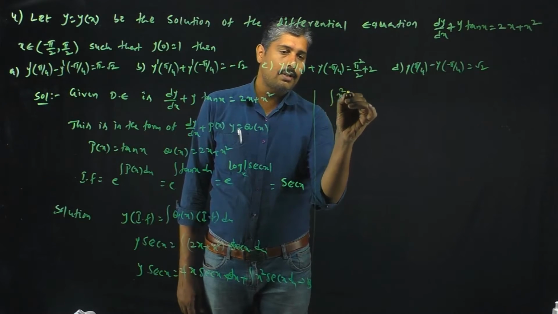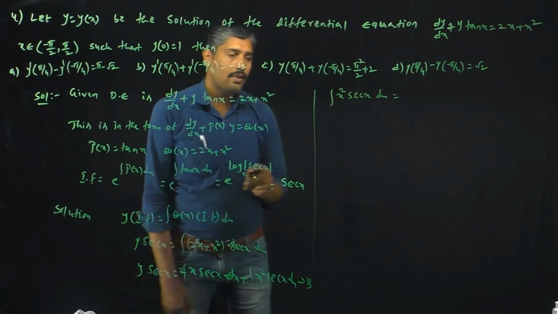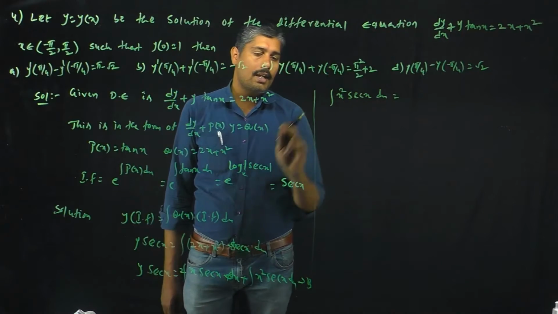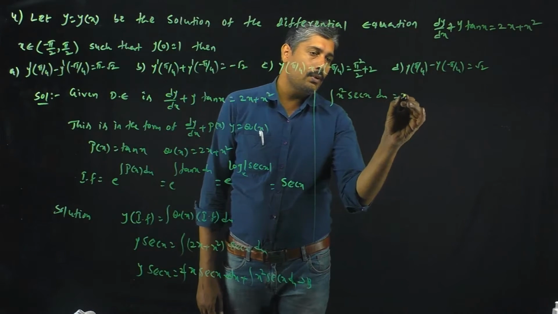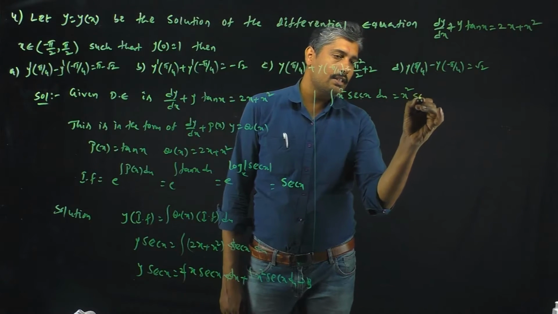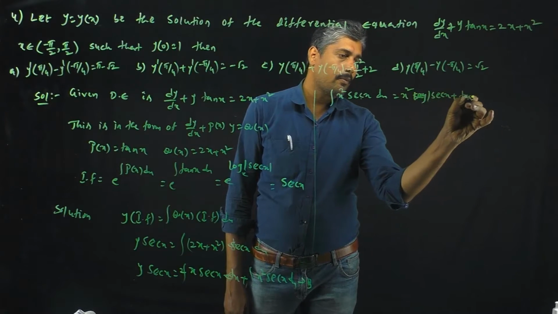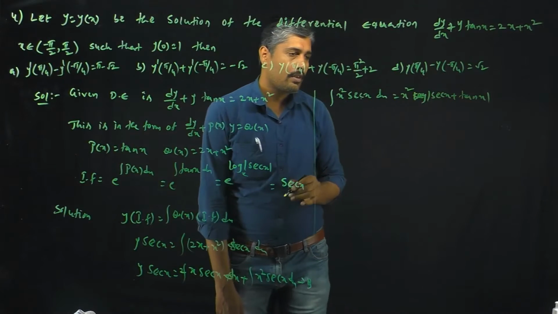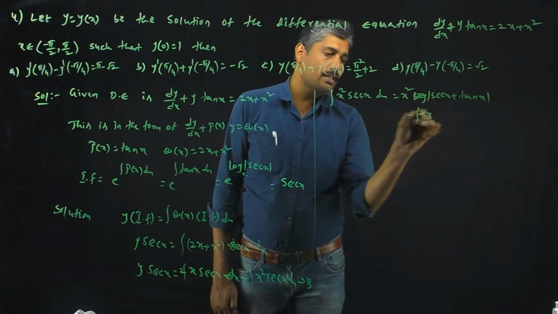Integral x square into secant x dx. By using integration by parts, here x is the u, secant x is the v. Integral secant x is log of secant x plus tan x, minus the derivative of x square, which is 2x.